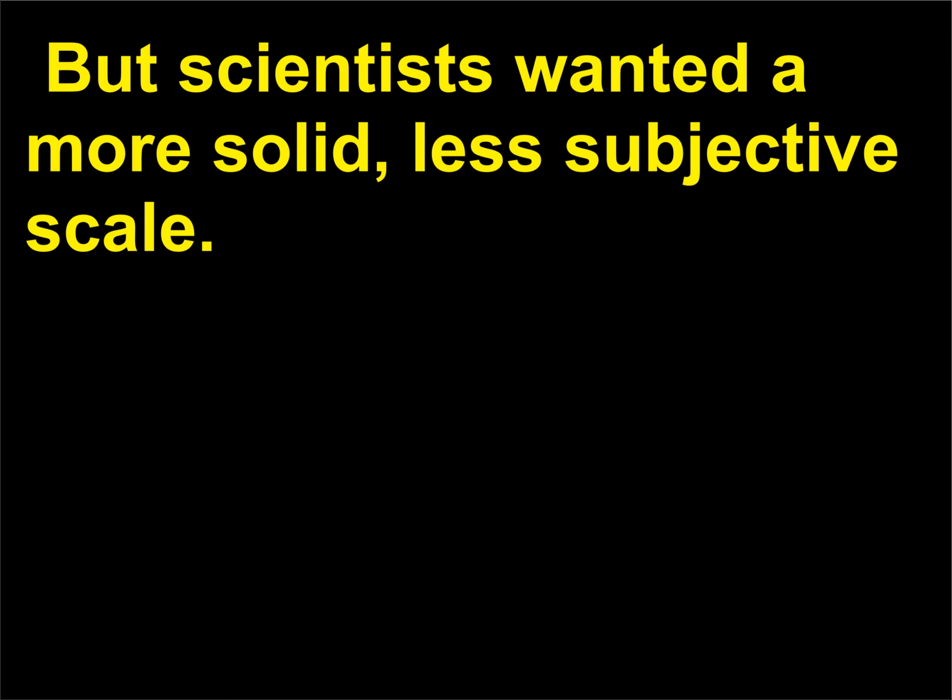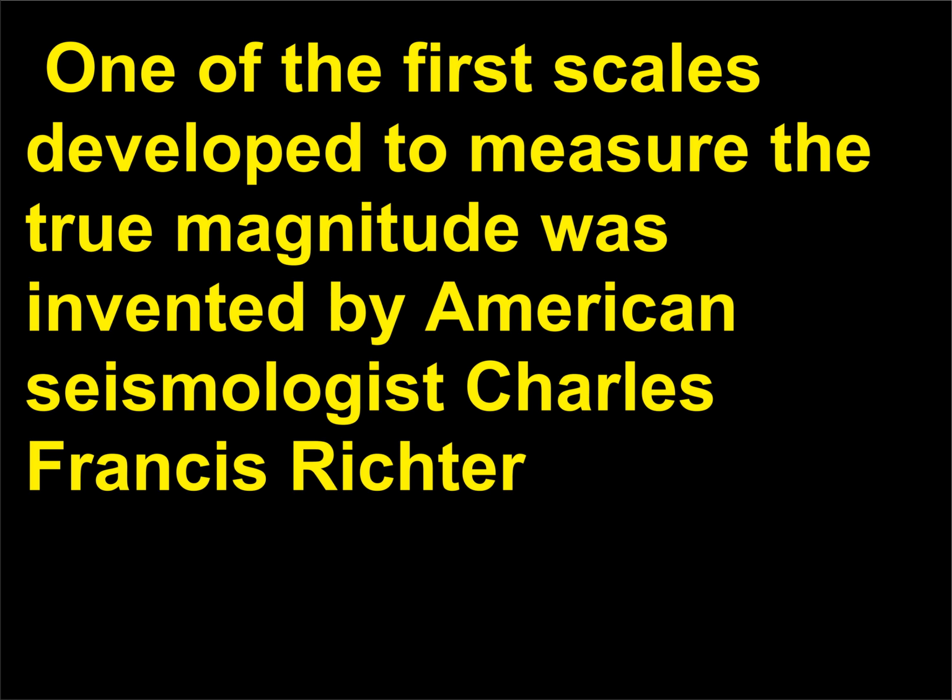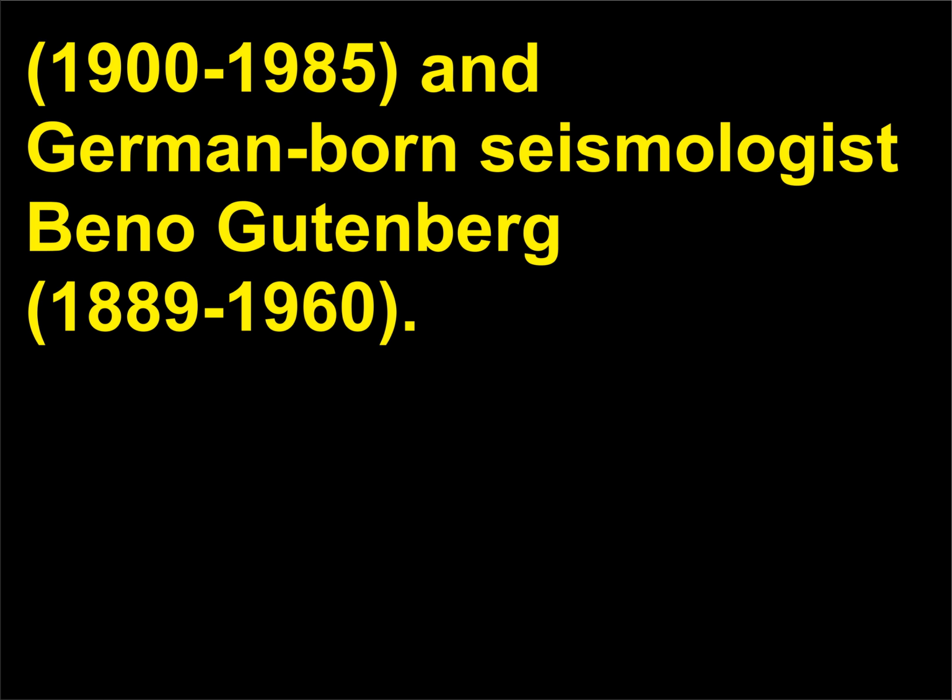But scientists wanted a more solid, less subjective scale. One of the first scales developed to measure the true magnitude was invented by American seismologist Charles Francis Richter, 1900 to 1985, and German-born seismologist Beno Gutenberg, 1889 to 1960.